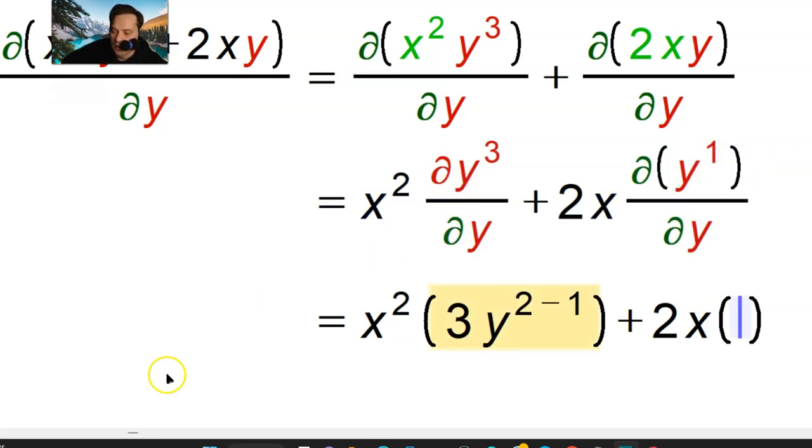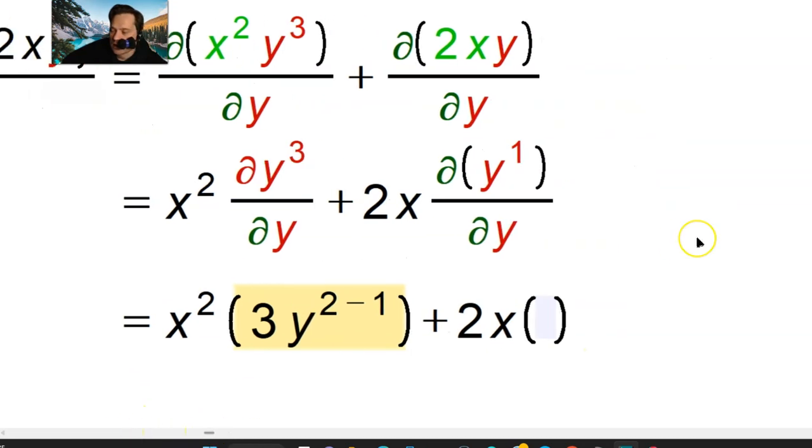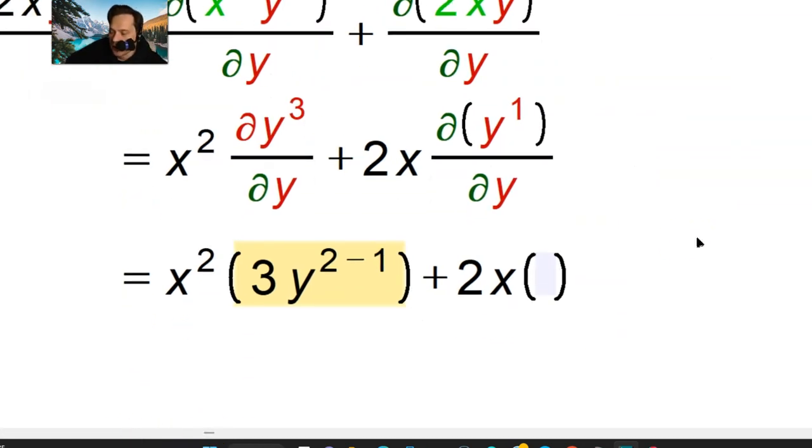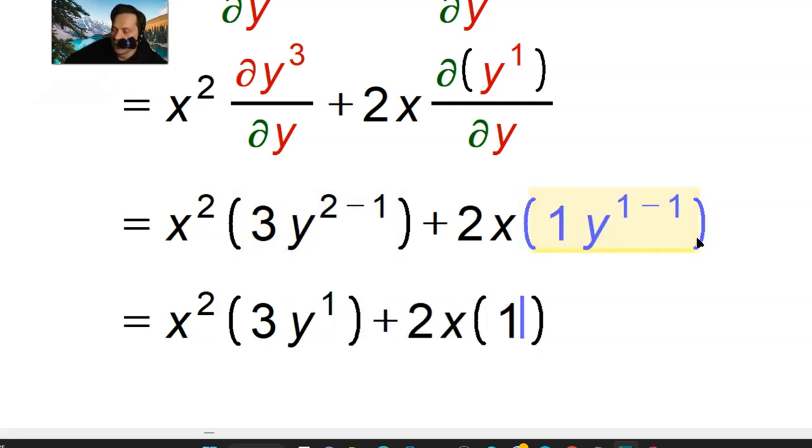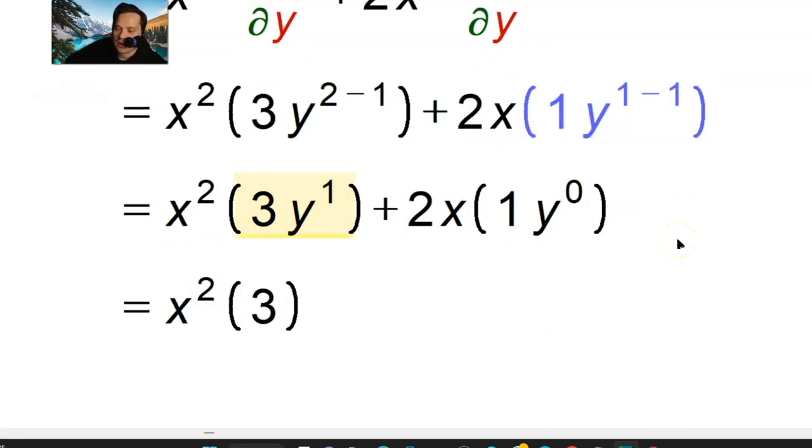So by the power rule, this is going to give us 1 down, y raised to the 1 minus 1. That's then going to give us x squared and then 3y squared, to be careful, plus 2x, and then y to the 0. Everybody writes it normally, plus 2x, and then y to the 0 right here, the red part, is equal to 1.